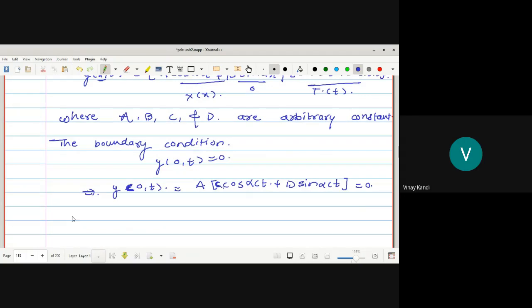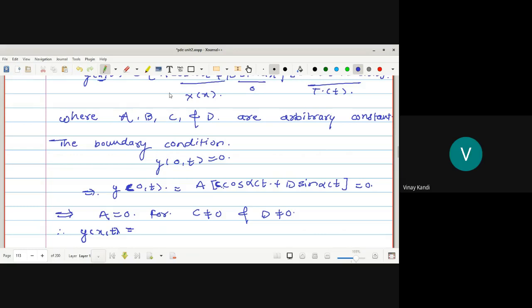So this implies a is equal to 0, if C is not equal to 0 and D is not equal to 0. If C and D are non-zero, then it implies a is equal to 0. Therefore, from the boundary condition we have y of x,t.